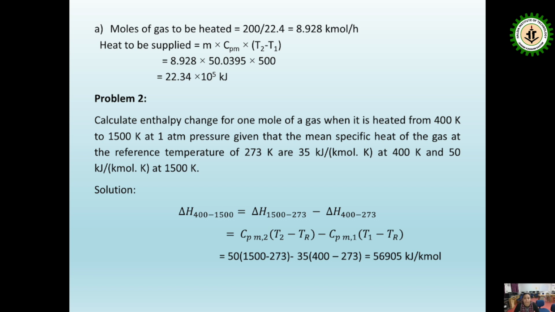So it is rewritten as CPM2 into T2 minus TR minus CPM1 into T1 minus TR. And by putting all the values given, we can get the result, and it will come 56905 kilojoule per kilomole. So enthalpy change is calculated.